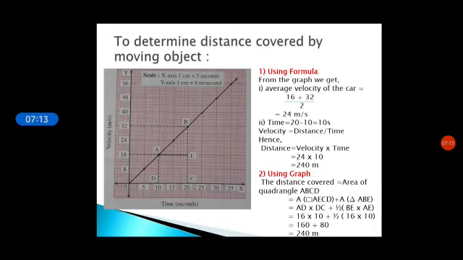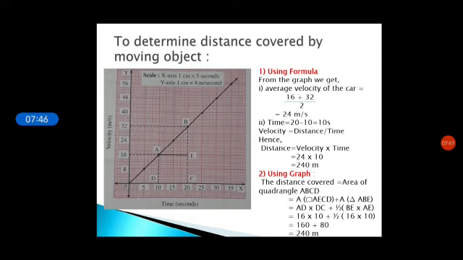So let us find the distance covered by the car between the 10th and 20th second using the formula. From the graph we get that on the 10th second the velocity is 16 meter per second and on the 20th second the velocity is 32 meter per second. Their average is (16 plus 32) divided by 2, which is equal to 24 meter per second.